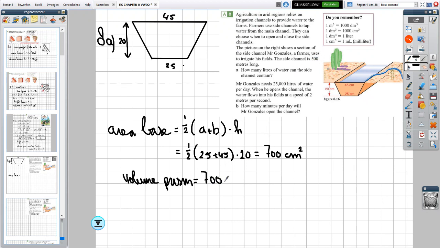So if I convert this to centimeters, I would get 5,000 decimeters, so I get 50,000. If I calculate this, your answer is going to be in cubic centimeters. Let's see, how many zeros do I have? 1, 2, 3, 4, 5, 6.